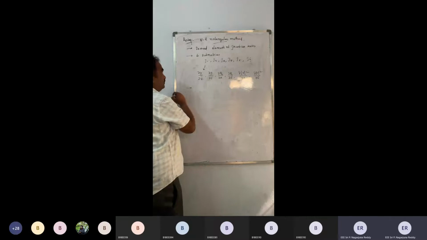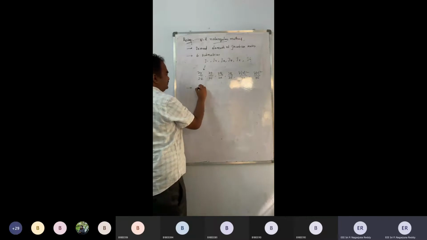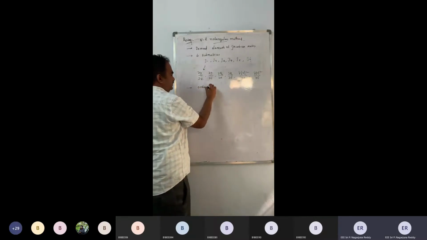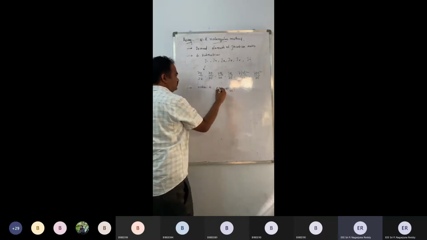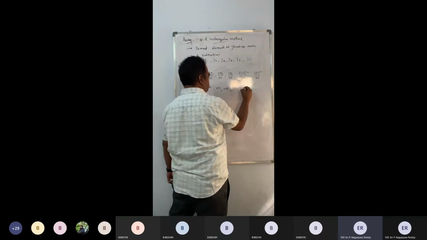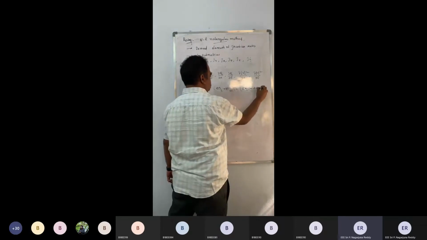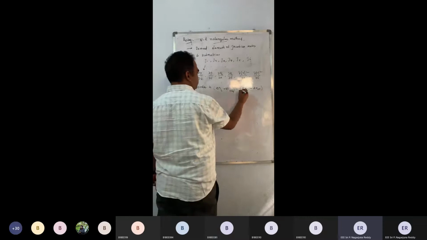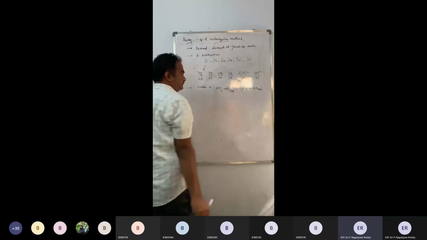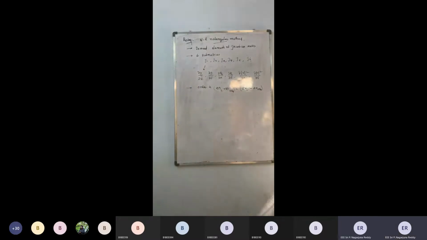Apart from this, we have also seen that the order is this was the order of Jacobian matrix in Newton-Raphson rectangular method.